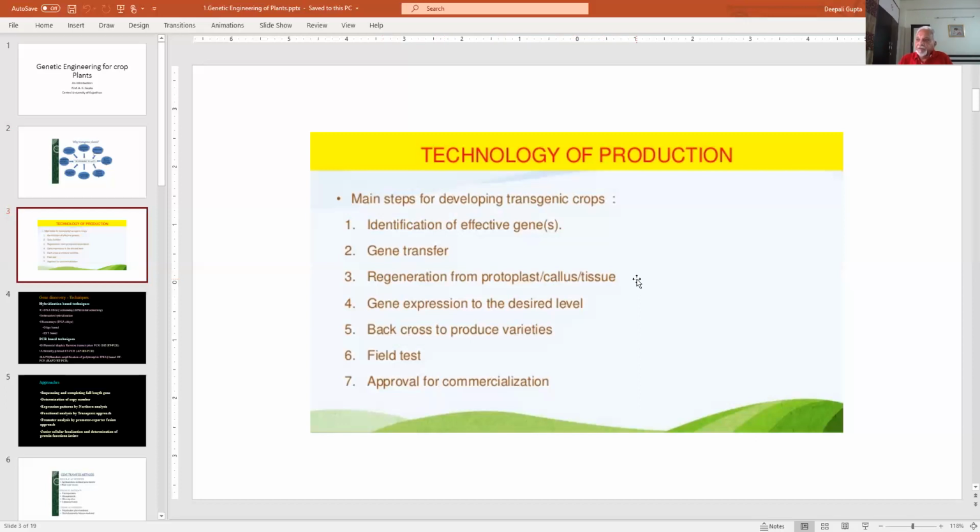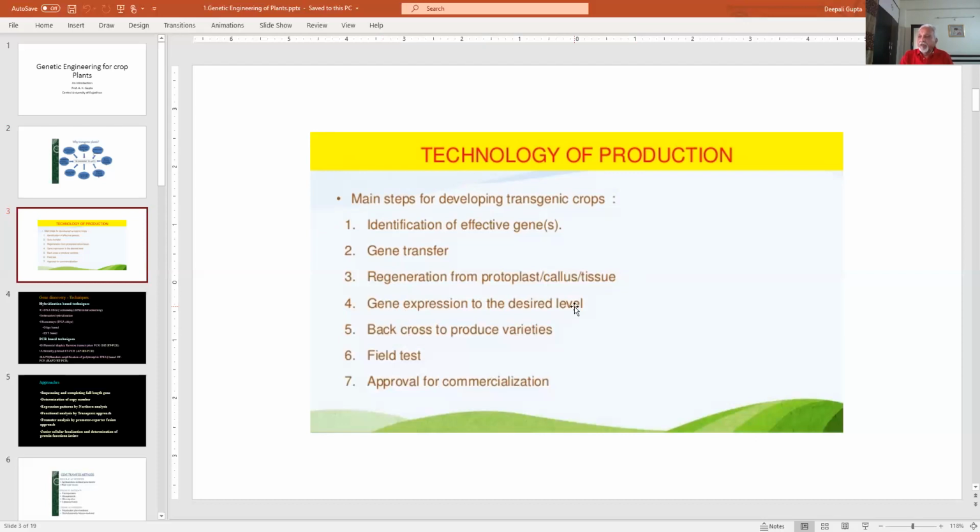And then once you have the plants in hand, you need to check whether the transgenic plant has the gene of interest, or the transgene has got integrated, and then it is expressing in the right quantities, which will alter the trait, or which is required to affect the trait phenotypically.